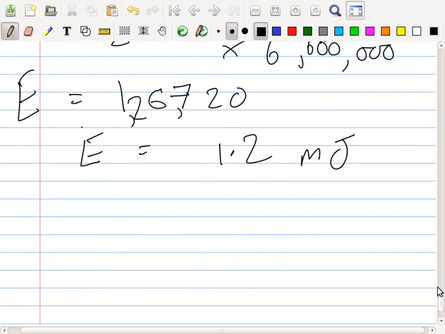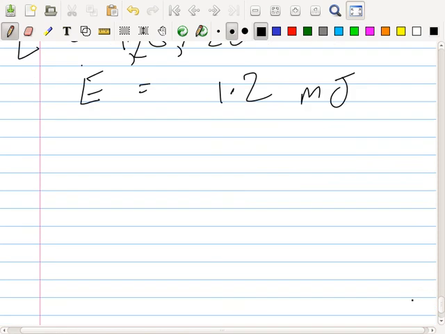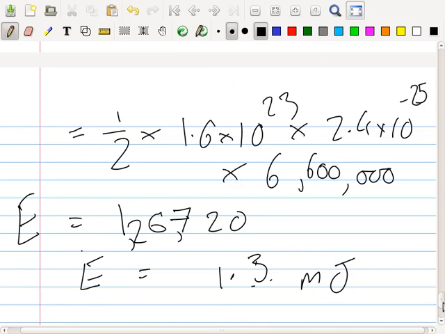Now we multiply 10 power 5. For what? The energy. 1.2, multiply 10 power 5. I wrote M here, megajoules. Megajoules, million joules.